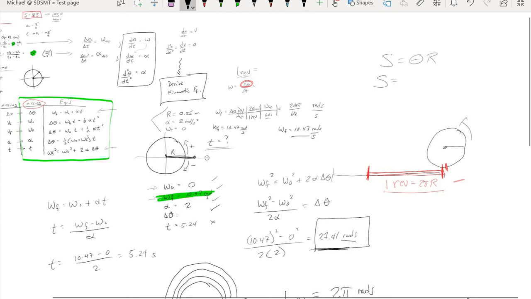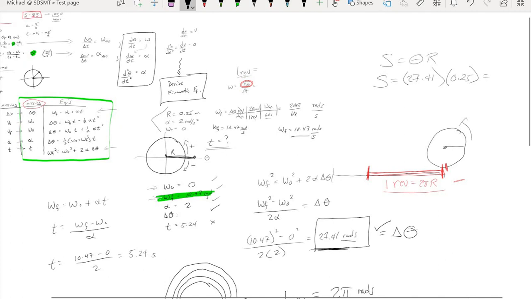We have 27.41 radians. That was the total angular displacement for this wheel. And we have a radius of 1/4 meter.